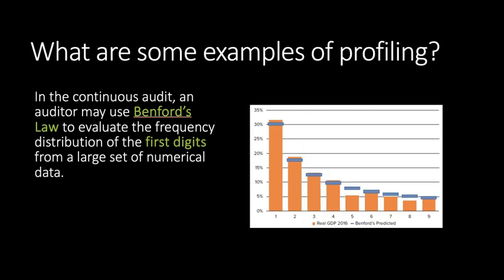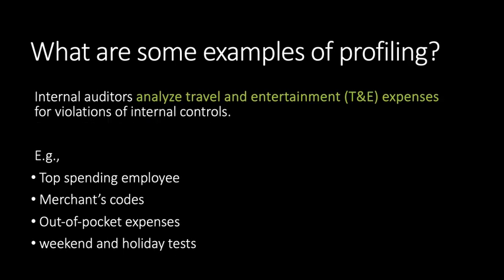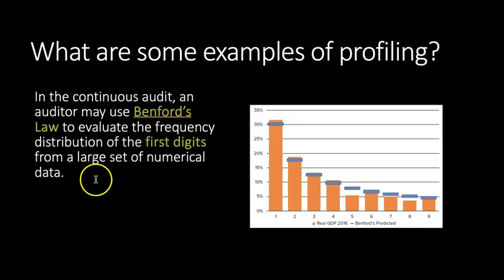If you are looking at a large data set of, say, expenses, where people reported expenses, you try to pull all the first digits and plot the distribution of the first digit. It should look like this.